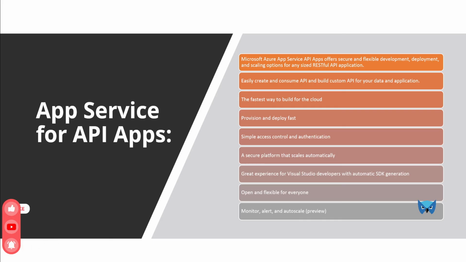There is simple access control and authentication, it is a secure platform, and it automatically scales up and down. There is a great experience for Visual Studio developers with automatic SDK generation. That means without adding plugins, the SDK will be generated automatically. It is open and flexible for everyone, and you can get monitoring alerts and auto scale.